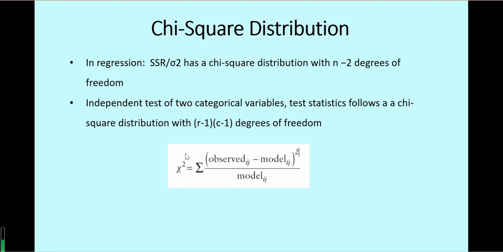The chi-square test statistic calculation has this form: the summation of observed count minus the model expected count, squared, divided by the model expected count, then summed over all the elements in the table.